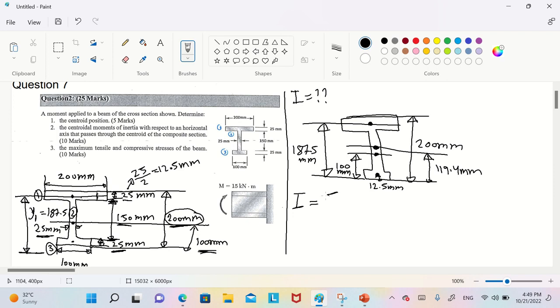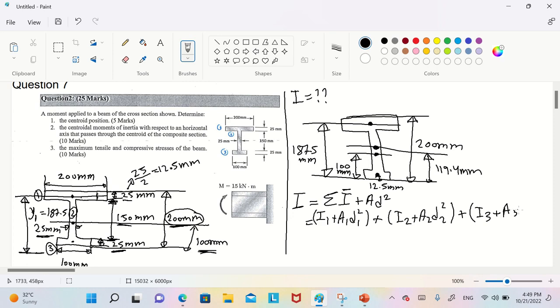Okay. Now there is a rule to find the moment of inertia. I equals I bar plus area multiplied by the distance squared. So it means that I1 plus A1 times D1 squared, plus I2 plus A2 multiplied by D2 squared, plus I3 plus A3 D3 squared.